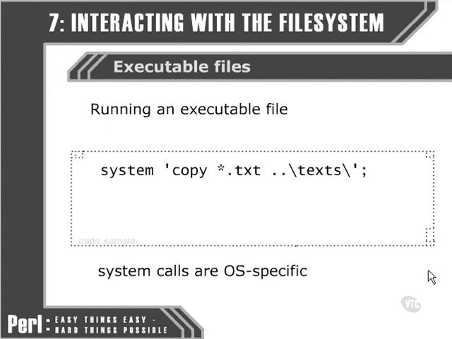So we should be aware when we're working with executable files that as soon as we start using specific programs, we have to have those programs accessible on the system in which we run.